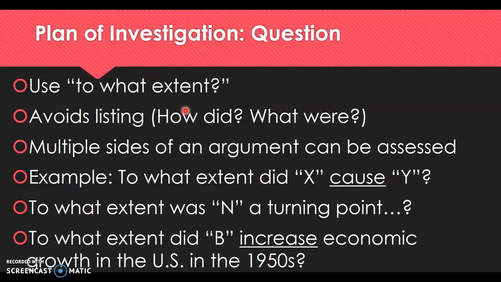And if I want to think about how I can make something measurable, if I plug something into that very last question, to what extent did the building of the interstate highway system increase economic growth in the United States in the 1950s? I'm actually looking for some data about how I will know that economic growth happened. Maybe I'm interested in figures related to GDP.